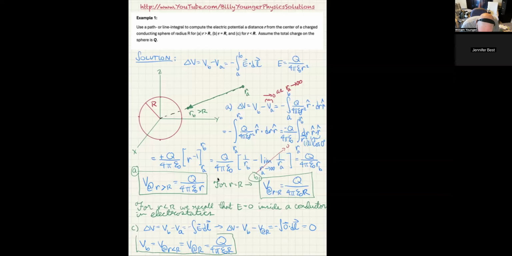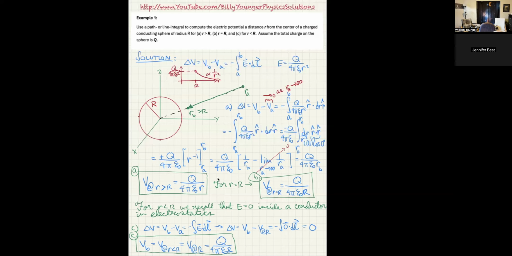In fact, we get an entirely different scenario than when we looked at the electric field earlier. We had found that the electric field as a function of R for this very same configuration was Q over 4 pi epsilon naught R squared at R, and then it fell off like 1 over R squared.